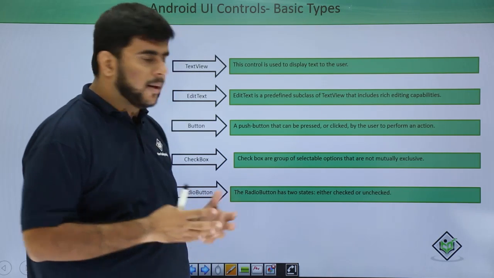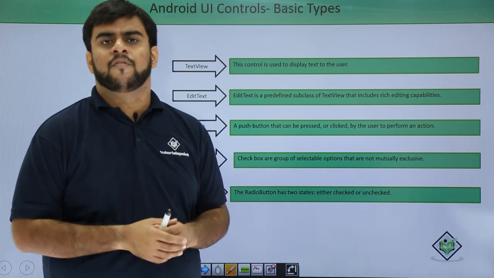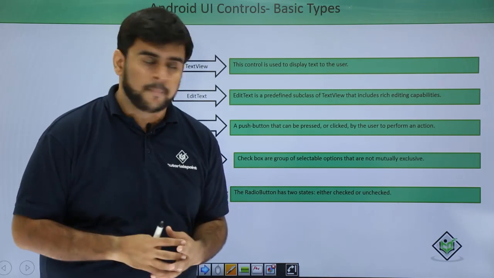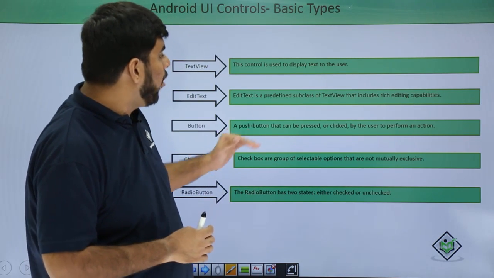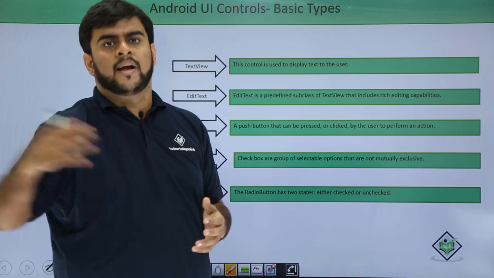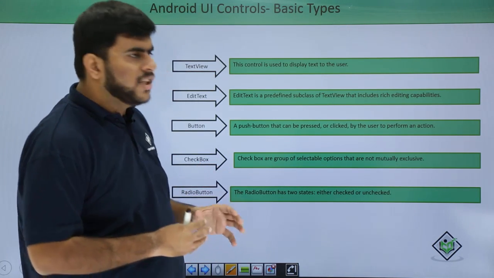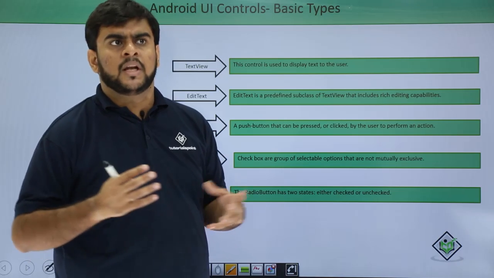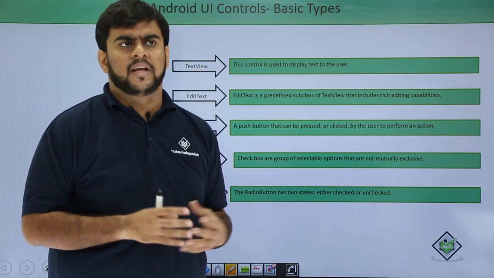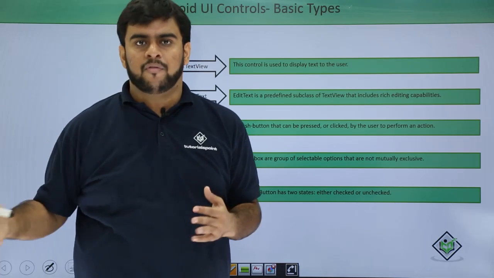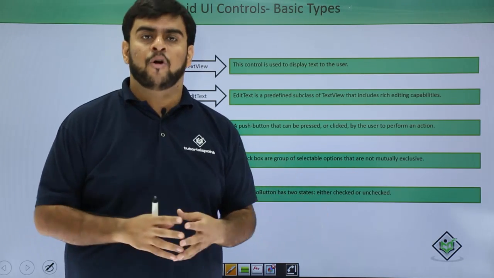After this, we have a button. Obviously, we are very much aware of buttons. These are push buttons which work on the on-click method to perform a particular action, like I click and I'm able to log in. After this, the checkbox. In a registration form, you get an input like what are your hobbies? Then you select 3 out of 4, or 4 out of 4, or 1 out of 4.